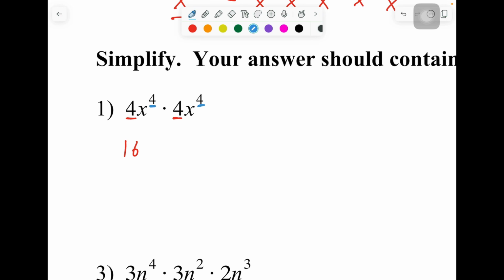Since they are both on top of x's, essentially it's like combining like terms, but they have to be the same base, the same variable or number that they're on top of. Since they're both on top of x's, you can add those up. So 4 plus 4, you get 8. So now there are 8 x's. So it's written like x to the 8th. And that is it, guys. That's all you have to do. It's just like simplifying it down.